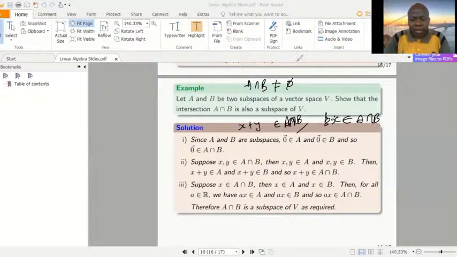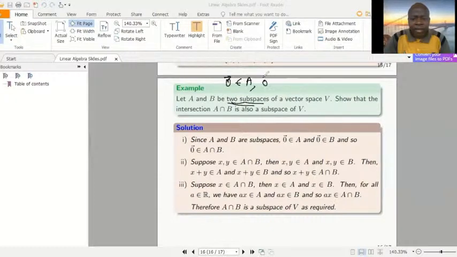And so let's just go through. Now, we've been told that A and B are two subspaces, and that is a very important point to begin with. So if A is a subspace, then it means that A contains the 0 vector. So the 0 vector is in A, because the condition here is that A is a subspace.